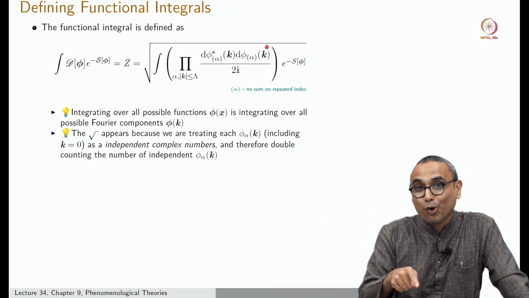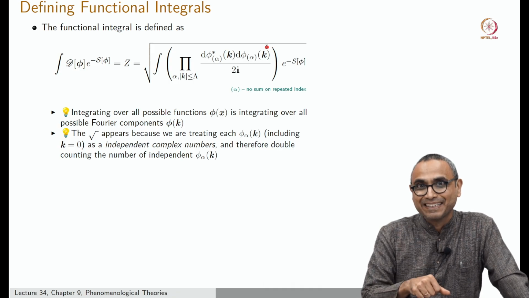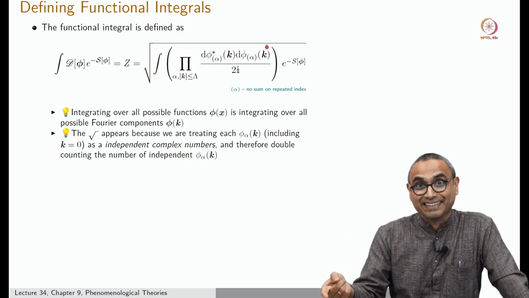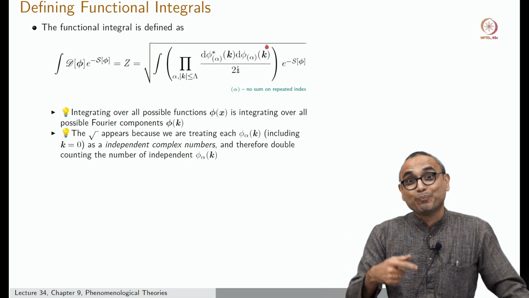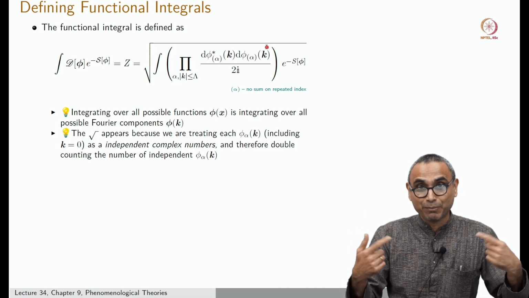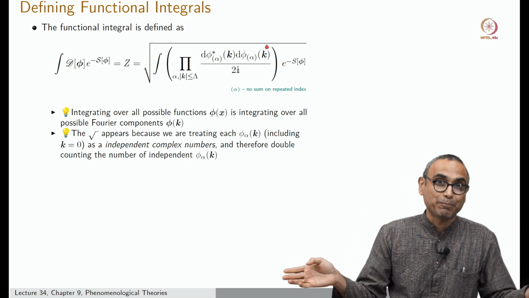But we know that they are not independent because phi minus k is equal to phi star k. So because I made them independent now, I am double counting. I am double counting all the k points.